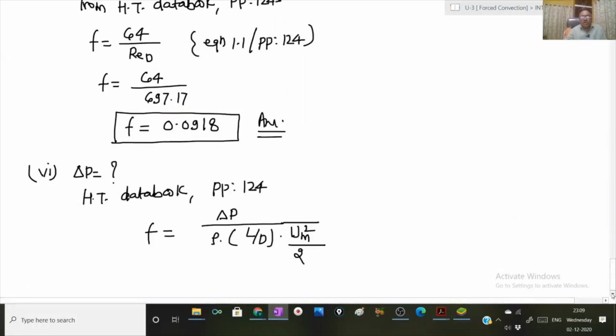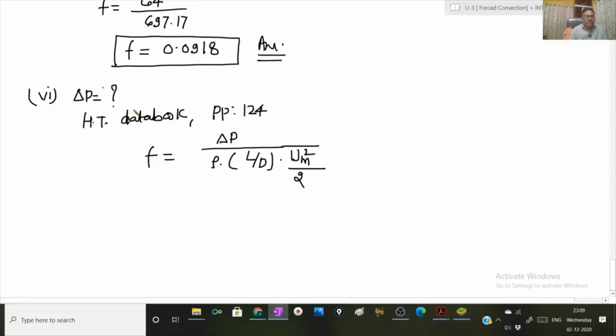After putting the value of friction factor as 0.0918, the value of density I could remember as 998.75.